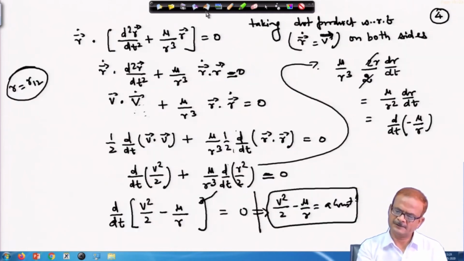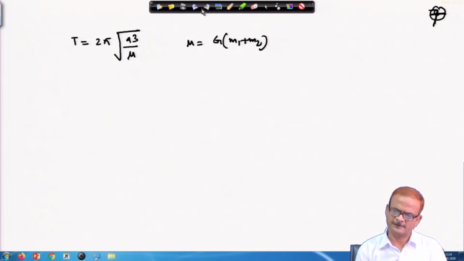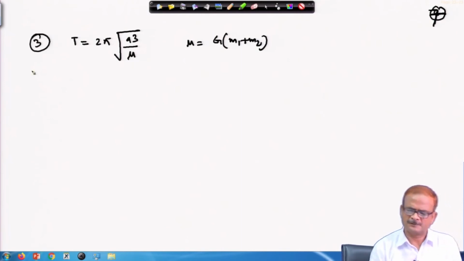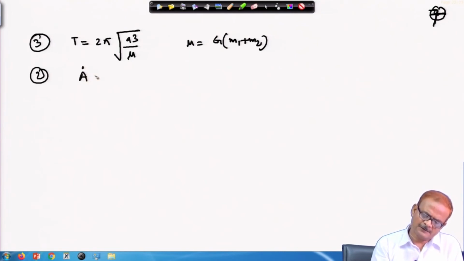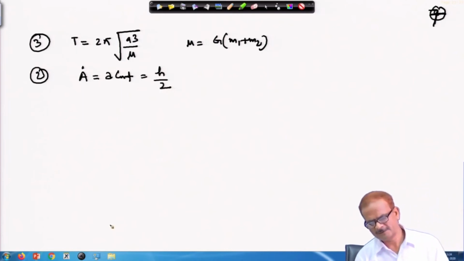So, all the terms we should remain very clear about, what we are writing and what we are doing. This was the third Kepler law, and in the second, what we had, A dot, is a constant which we have written as h by 2. So, that is also valid here in this case.